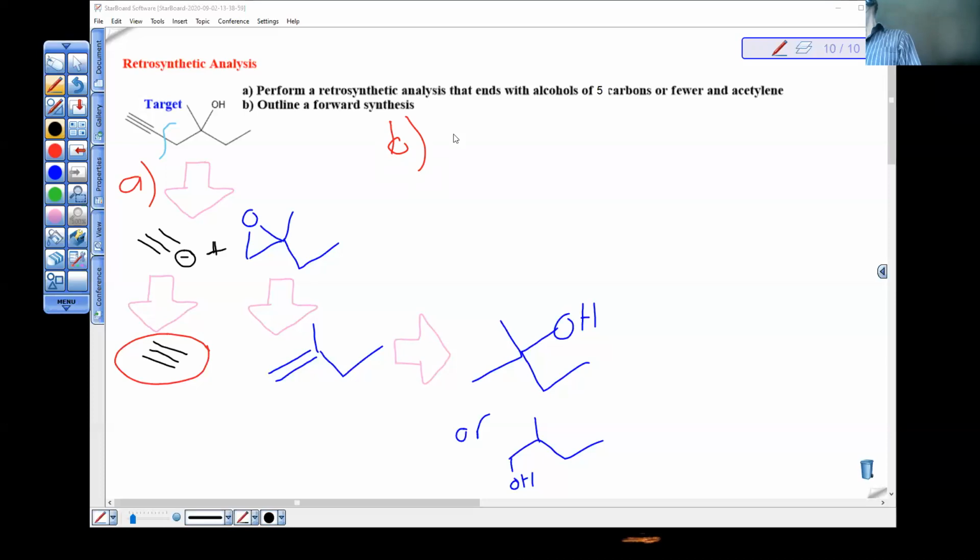You take your acetylene, react it with something like KH, and get acetylide. And need something for acetylide to react with. We'll start right over here with our more substituted alcohol.